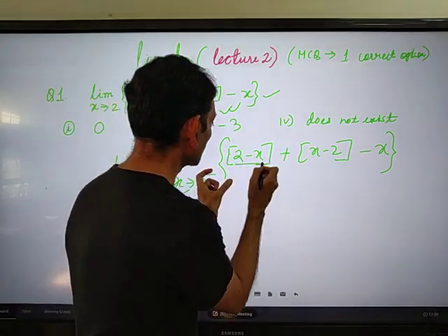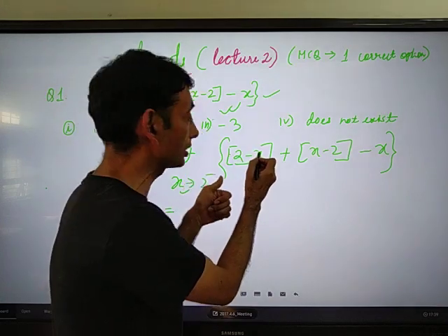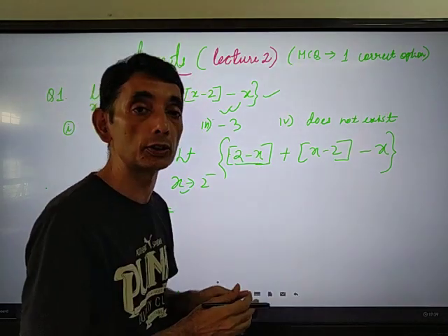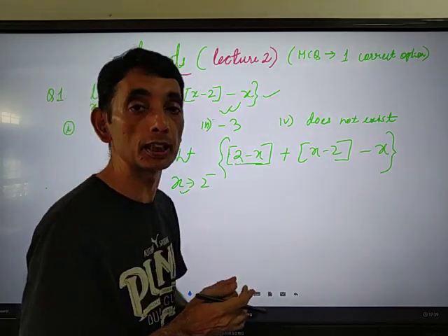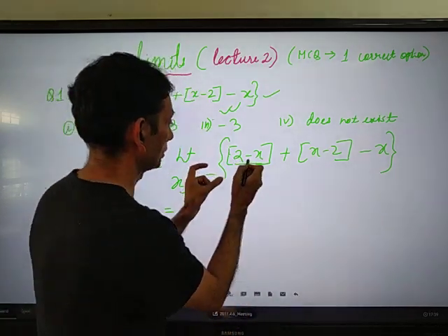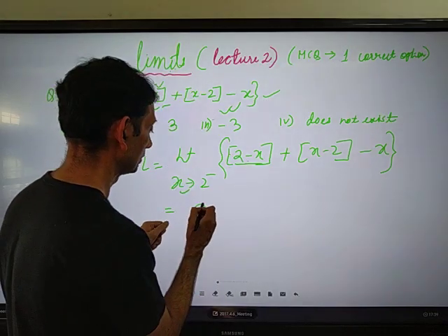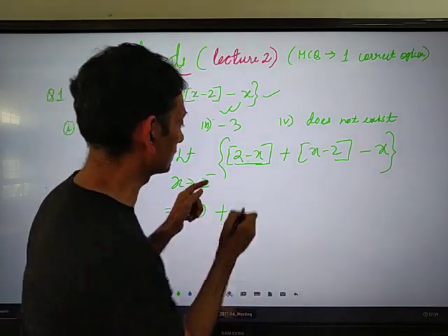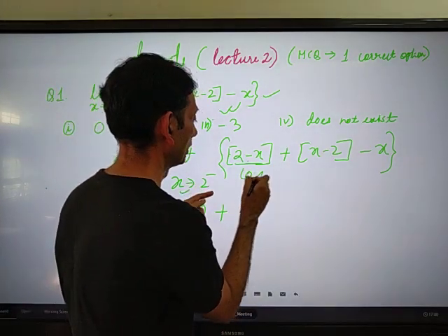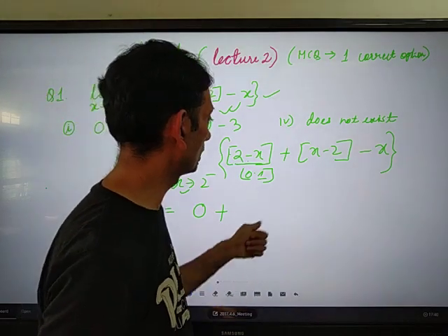So the difference 2 minus x will be very close to 0, but positive. So the greatest integer value of that will be 0. For example, if the value 2 minus x is 0.1, then the greatest integer of 0.1 is equal to 0.